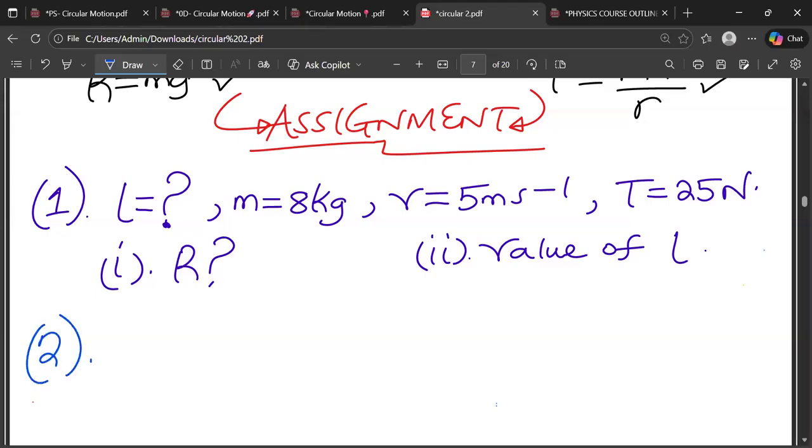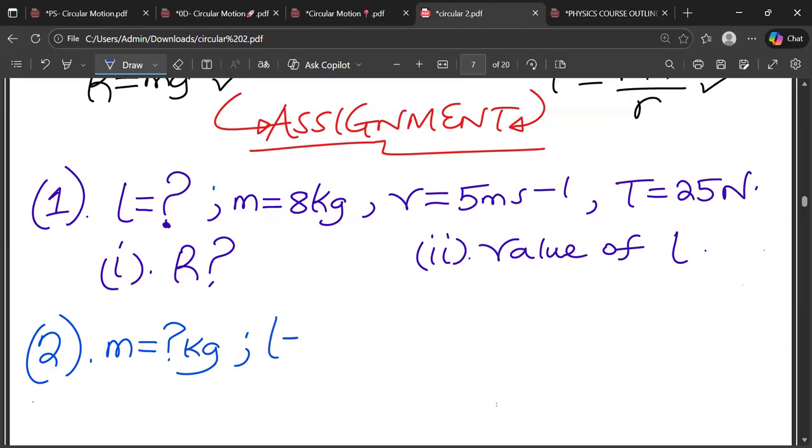Number 2, they're saying a body of mass m kilograms. This time round, the m wasn't provided, but they said it is m kilograms. It lies on a smooth horizontal surface and is connected to a point O on the surface by a light inelastic string of natural length 50 centimeters.